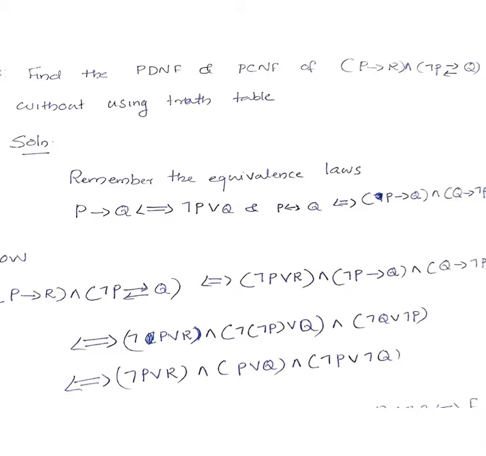We apply the conditional rules, and here we apply the double negation rule, that is, negation of negation P means P, and we get P or Q. Now the equivalence becomes (negation P or R) and (P or Q) and (negation P or negation Q), which is a CNF, conjunctive normal form, not PCNF.